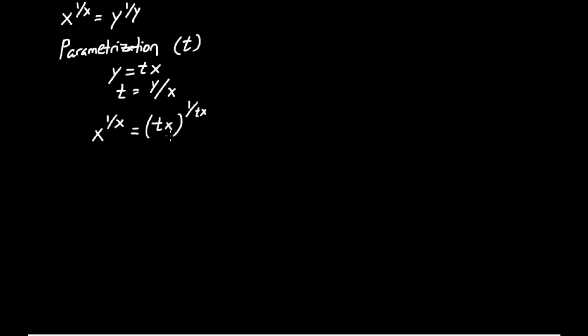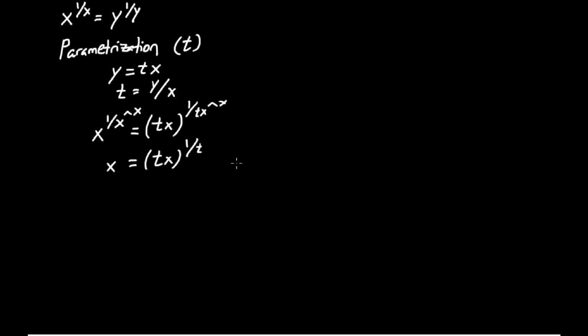And now, just to clean this up a little, I'm going to take both sides to the x power, just so that those x's in the denominator cancel out. On the left-hand side, I just get x is equal to t x to the 1 over t power.